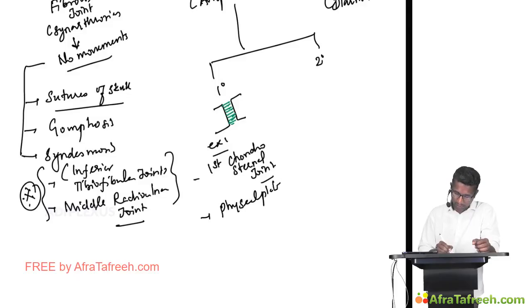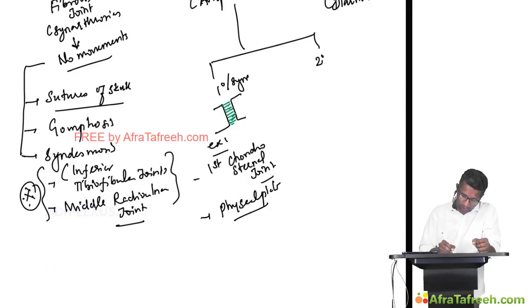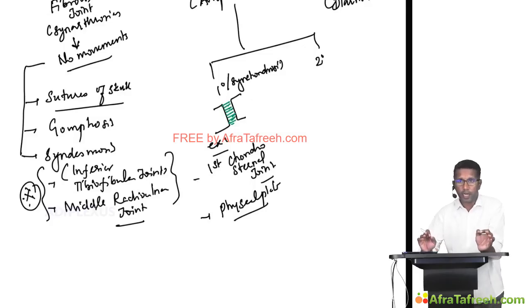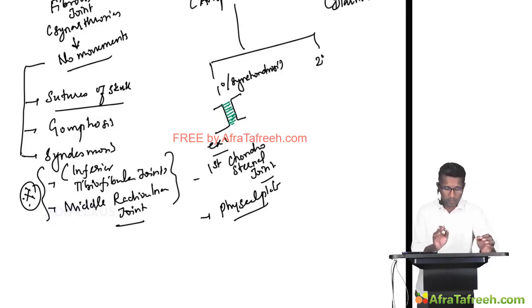The physeal plate is an example of a primary cartilaginous joint. This primary cartilaginous joint is also called synchondrosis. It is called synchondrosis because syn means union and chondrosis means cartilage. Two bones are united only by a hyaline cartilage. This is called synchondrosis.